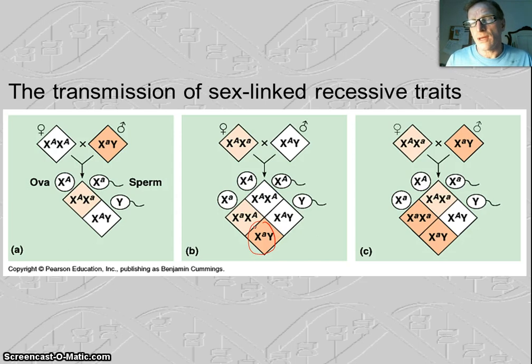The only way you can get a female showing the recessive is if the father has white eyes and the mother is a carrier. But most of these recessive alleles are rare, so if maybe 1 in 50 or 1 in 100 individuals have it, it's very rare that both parents would carry that recessive allele. So you very rarely see these sex-linked traits in females because they have to have it on both X's.